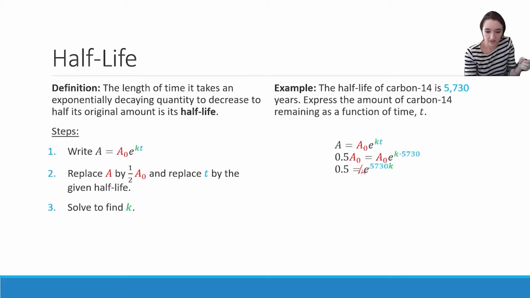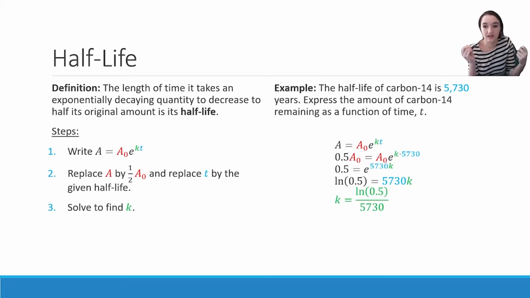Then I take the natural log of both sides. So natural log of 1/2 or of 0.5 is equal to 5,730k, and finally I divide by 5,730 and I get k equals ln of 1/2 over 5,730.